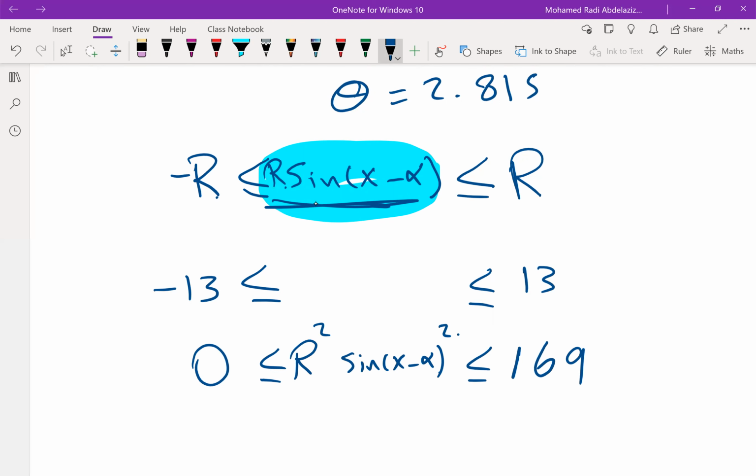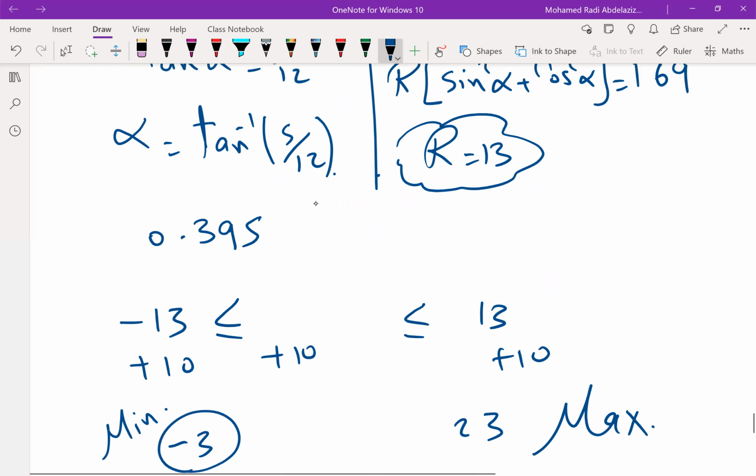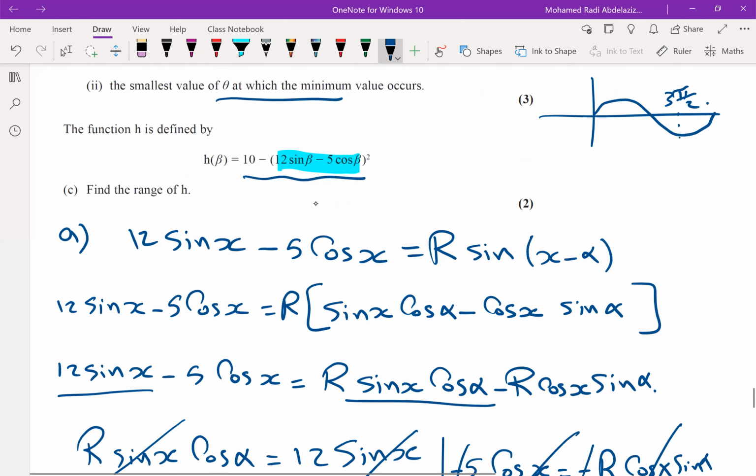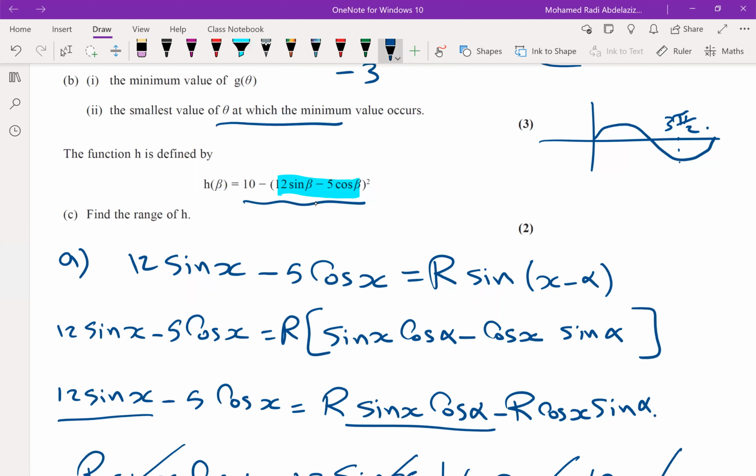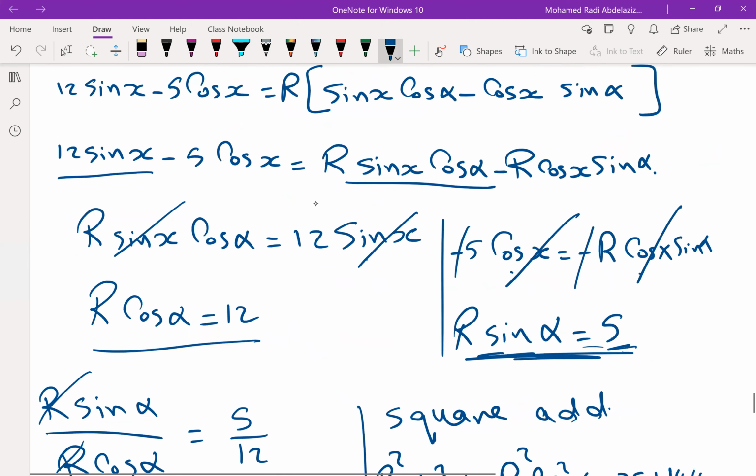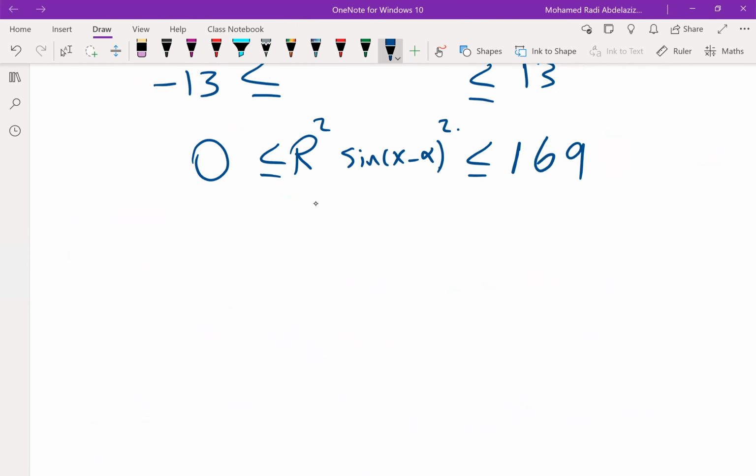Now look at the expression written in part C. It's squared, but it's multiplied by a negative value. If we multiply both terms by negative, you have to change the inequality sign. It will be like this, between -169 and 0.